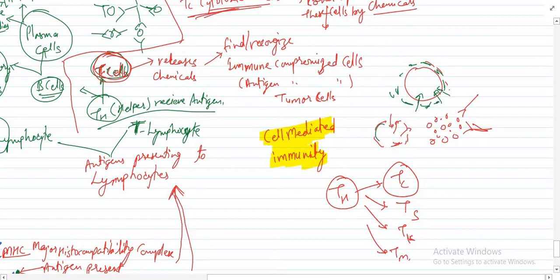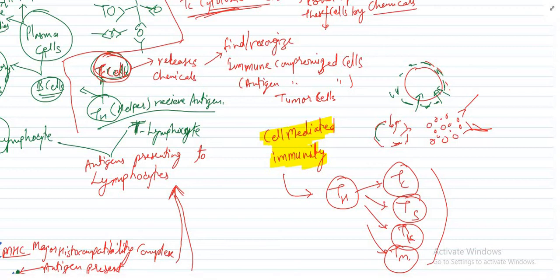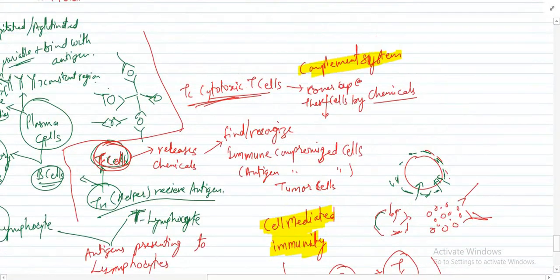There are lots of cells, and that's why this is called cell-mediated immunity, which is caused by the T cells. Whenever the T cell is killed and the pathogen comes outside, then the antibody comes there and tries to fight and kill them. So cell mediated immunity and humoral immunity are joined or connected.